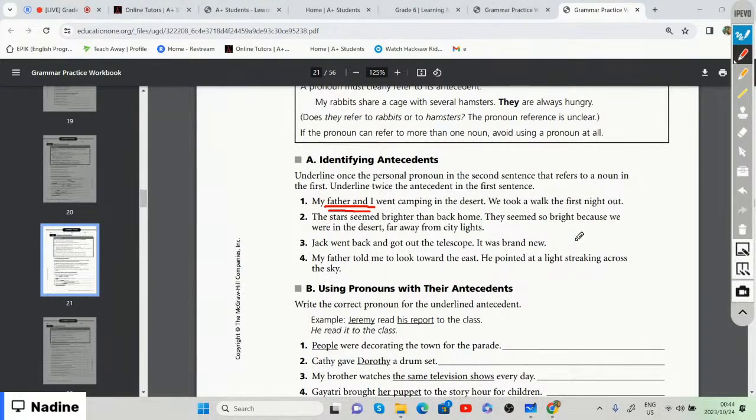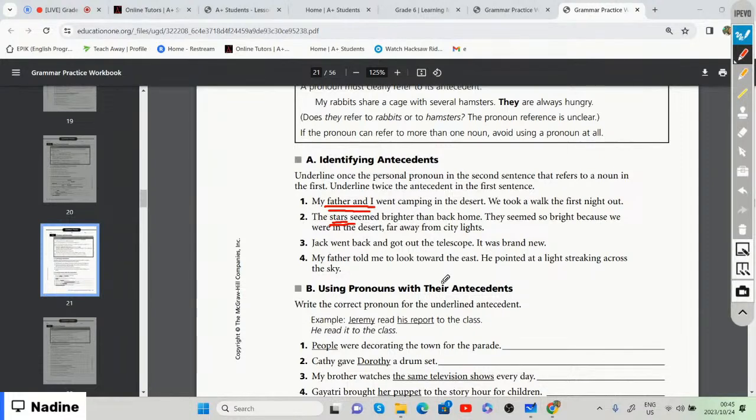The stars seemed brighter than back home. They seemed so bright because we were in the desert far away from city lights. So the pronoun that refers to the antecedent, which is stars, is they. And then Jack went back and got out the telescope.